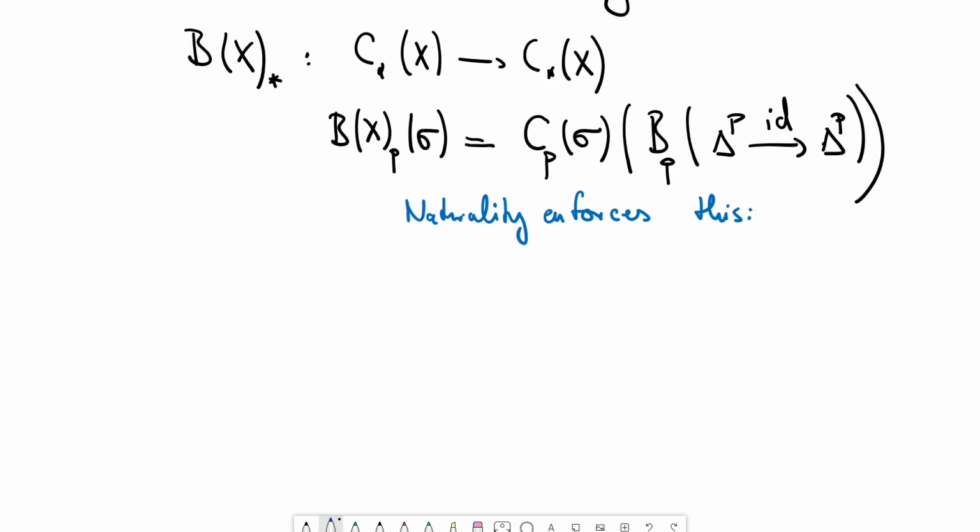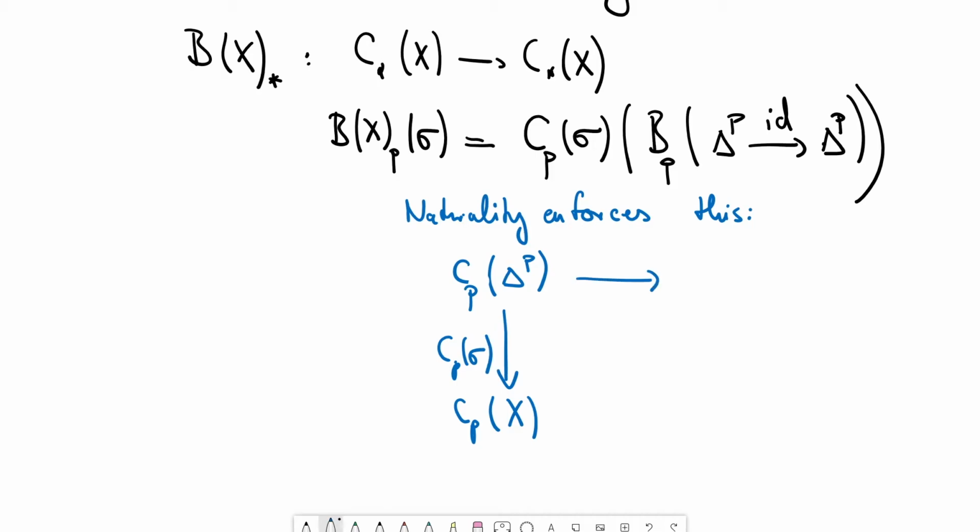Okay, so we have here C star of, let's say now delta P, or let's look at degree P actually. Then we have sigma. Sigma is a map from delta P to X, and as such it induces this map here.